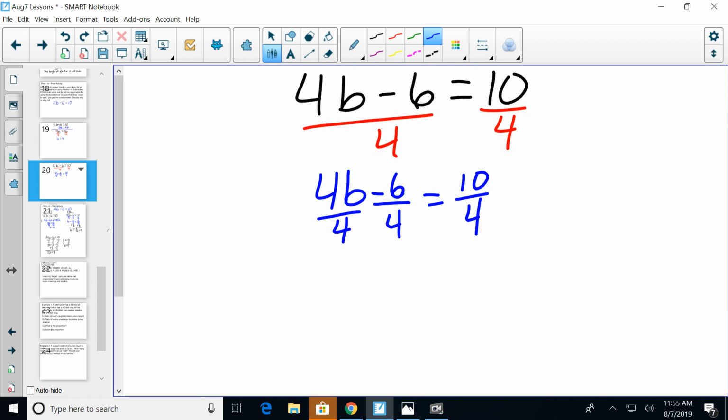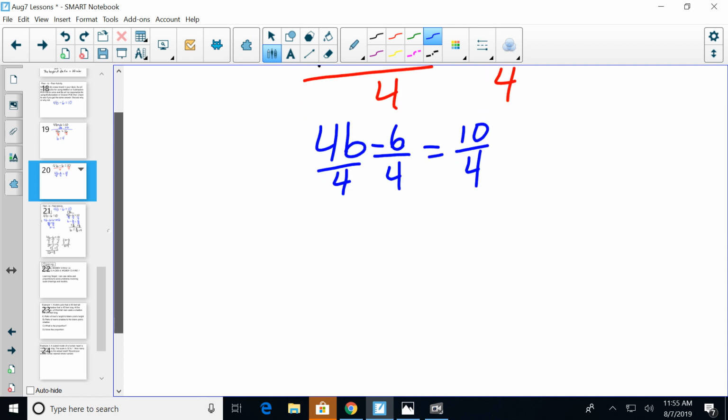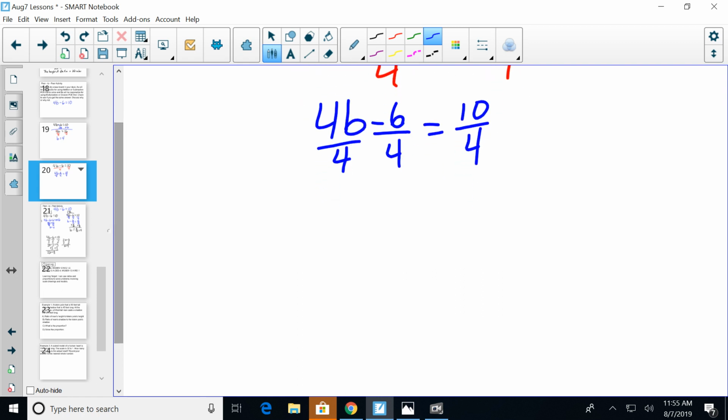When you divide by 4, you must divide it by everything that's on that side, not just the variable. Okay? So then what will I have on the left when I divide everything by 4? B minus 6 over 4 equals 10 over 4.